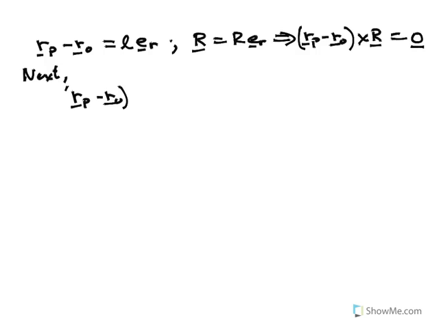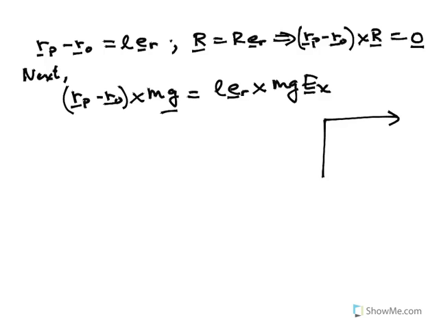The next is that RP minus RO crossed with mg is equal to L ER crossed with mg EX. If you look at the diagram, you'll actually see that EX is related to ER and E theta as follows.